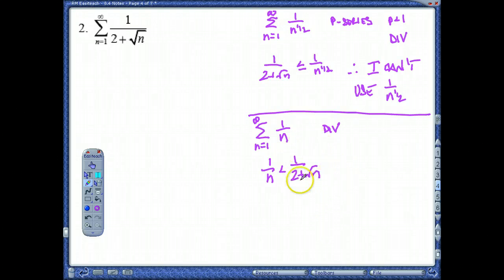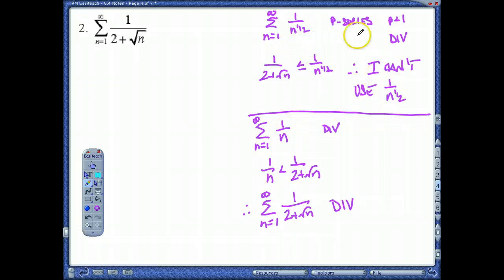Now that makes sense. The smaller series diverges, so you know the bigger one also diverges. So therefore, this series diverges.